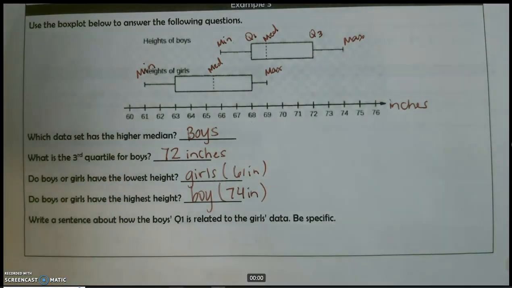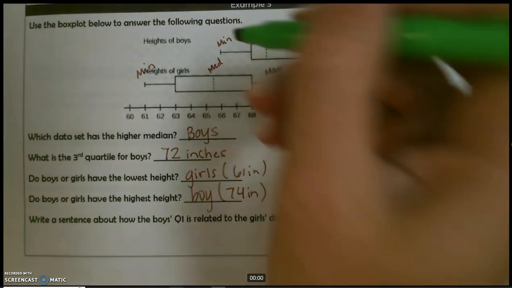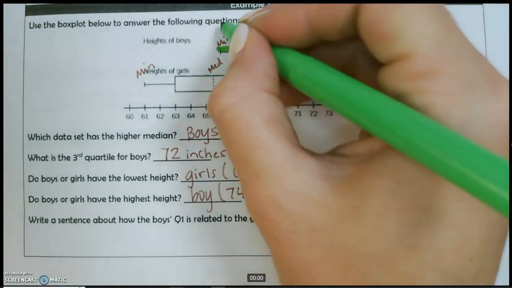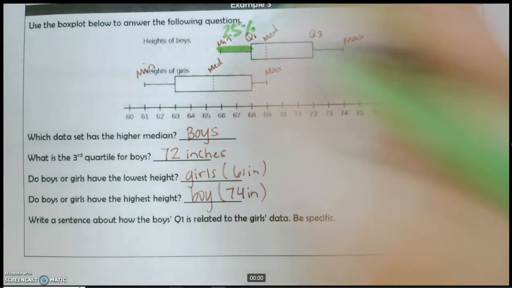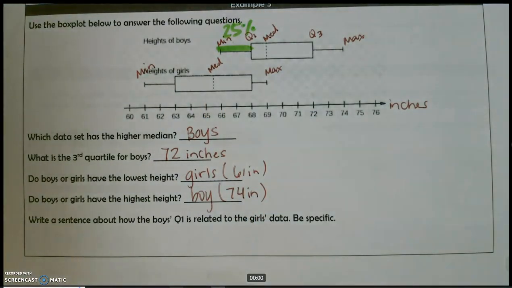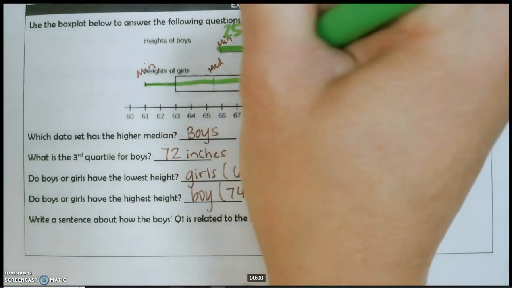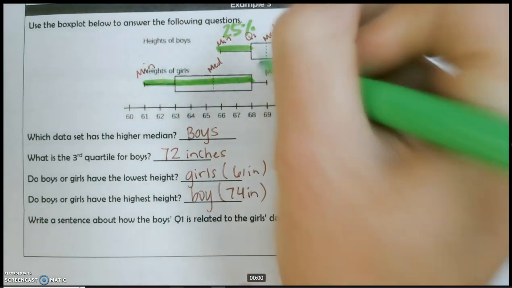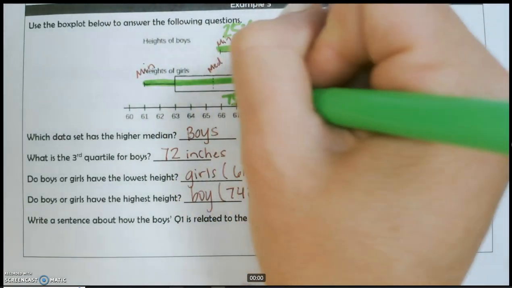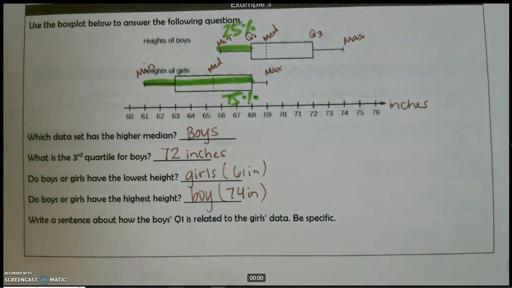Then, and let me just go ahead and mark this. From here to here, that's 25% of the data. Okay, then if we think about the girls, that's actually 75% for the girls. So from here to here, that's 75% of the girls are 68 inches or less.